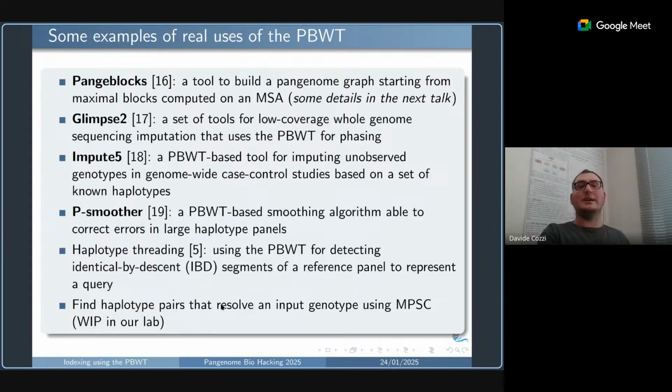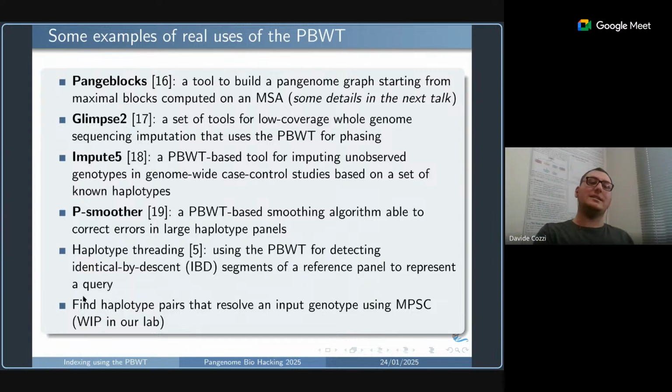Then we have Wilms2 and Impute5, already described by Simone Rubinacci in the first talk of today. Then we have pSmoother, used to correct errors in order to provide better panels for downstream analysis, but you can also perform IBD detection, again, as told by Simone Rubinacci in the first talk.